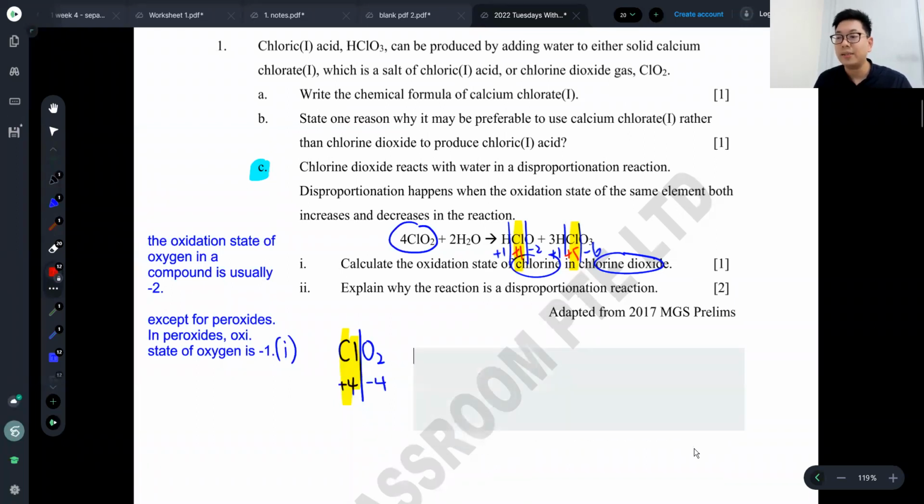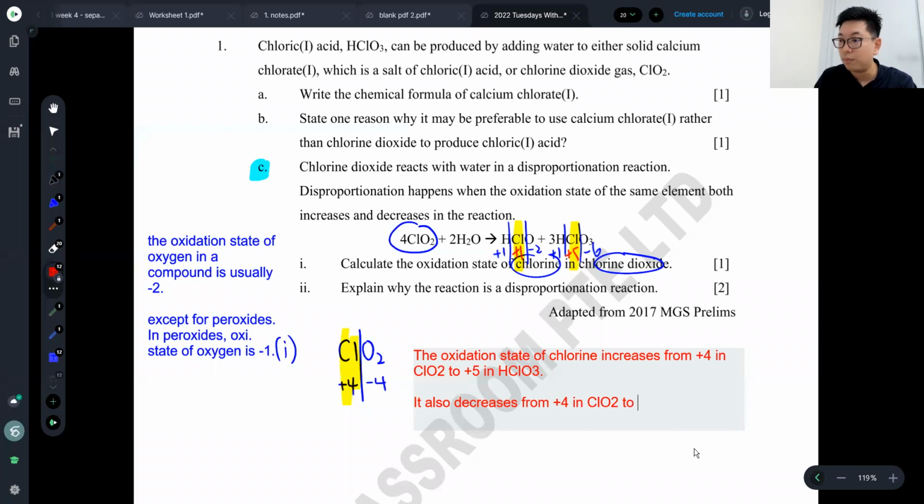So why is it disproportionation? The oxidation state of chlorine increases from +4 in ClO2 to +5 in HClO3. It also decreases from +4 in ClO2 to +1 in HClO.